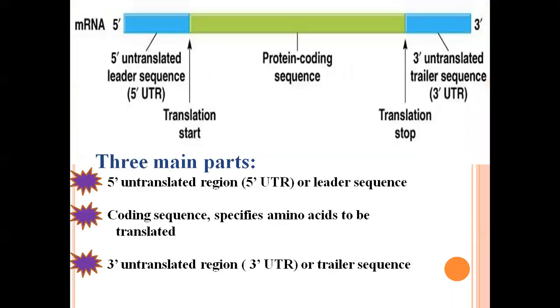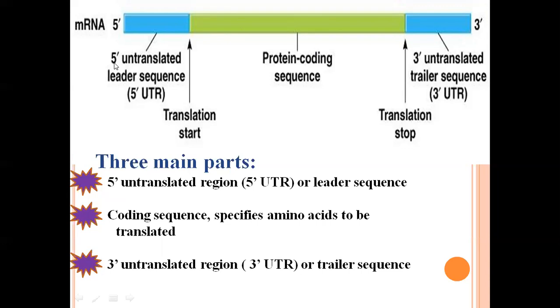So here you can see the three main parts of an mRNA molecule. At the 3' end you can see the untranslated trailer sequence. This part is not translated, meaning it is not coded for any amino acid. In between is the protein coding sequence, where all the triplet codons are responsible for each amino acid.